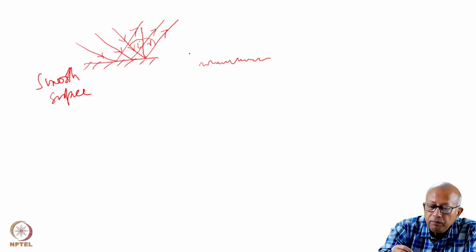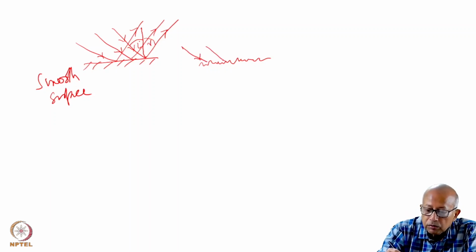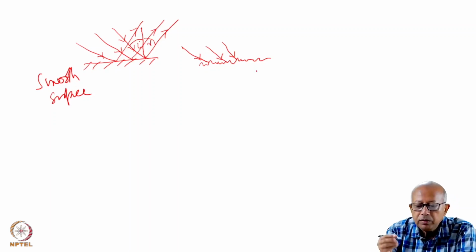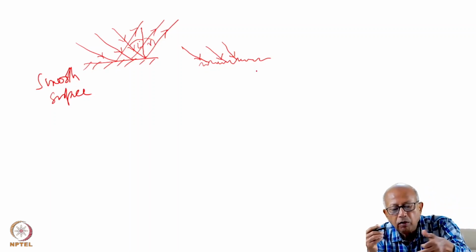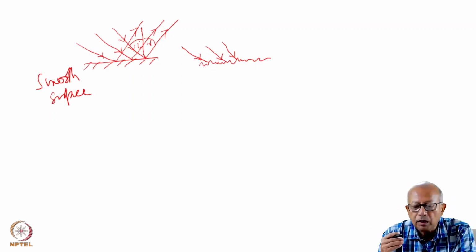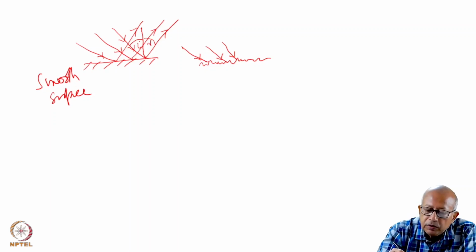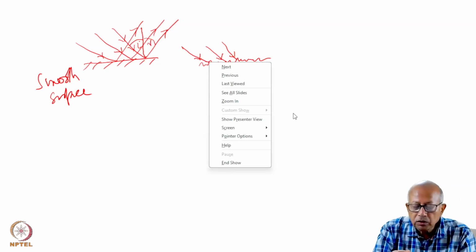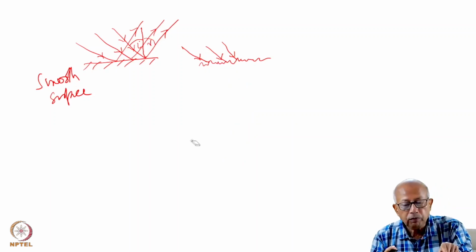So here, if this parallel beam falls, then you can see clearly that the angle of incidence will be different at different points where this ray of light interacts with the surface. At every point the reflection will follow the rule of reflection.